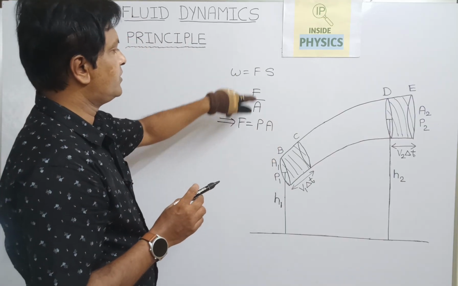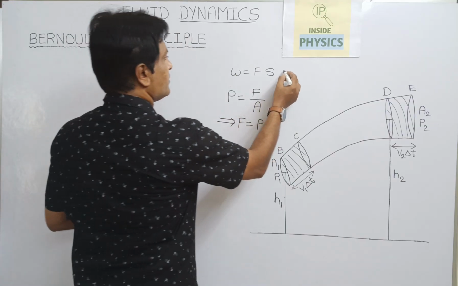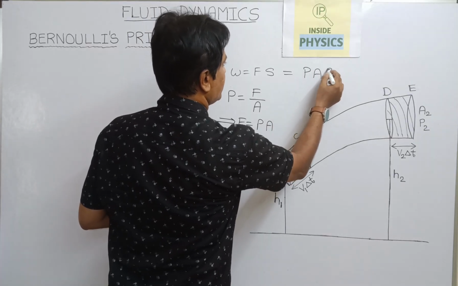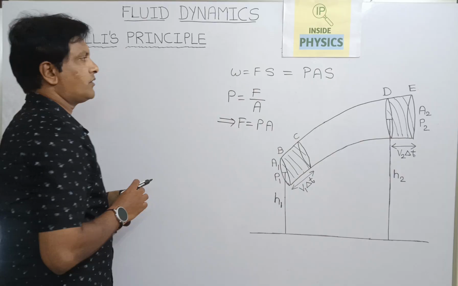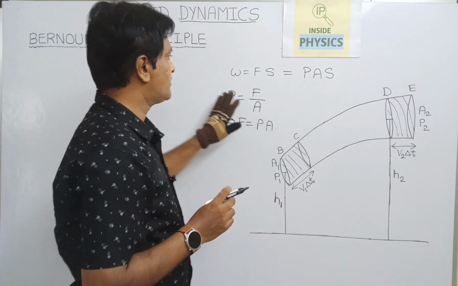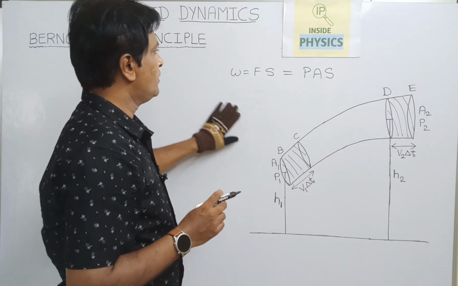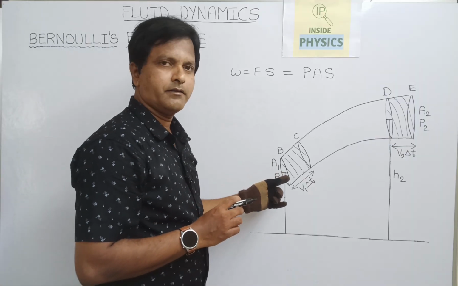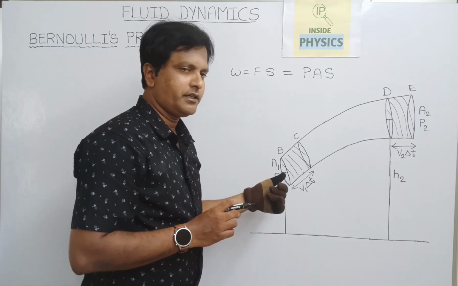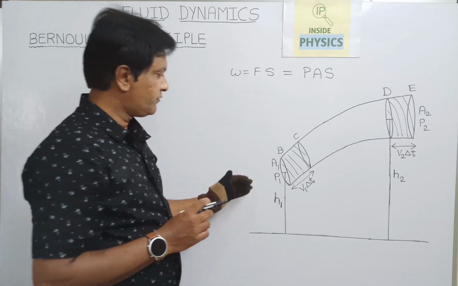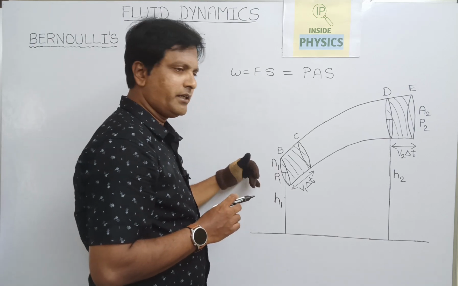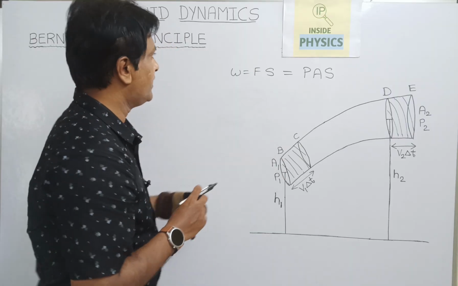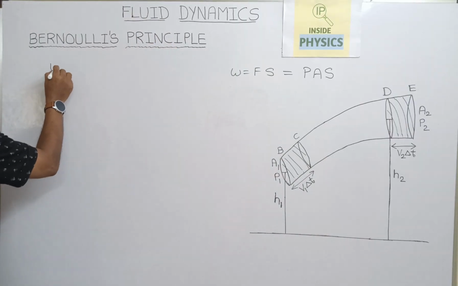So we replace force here to get the work done relation in terms of pressure and area of cross section, and S is the displacement of the liquid. So in this regard, the work done on the liquid here, work must be done because of some force. The force exerted by the surrounding liquid will do the work on the liquid here, that is considered as W1.